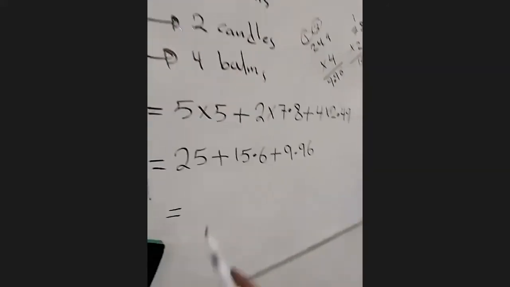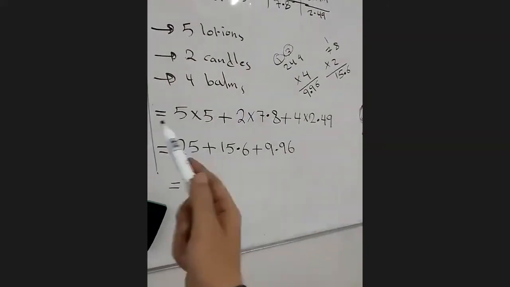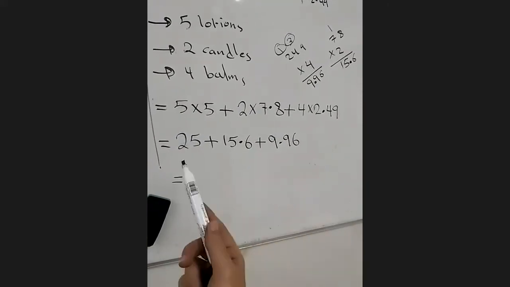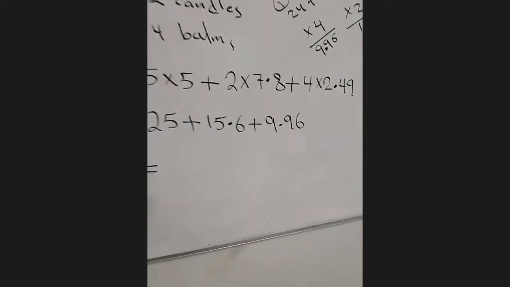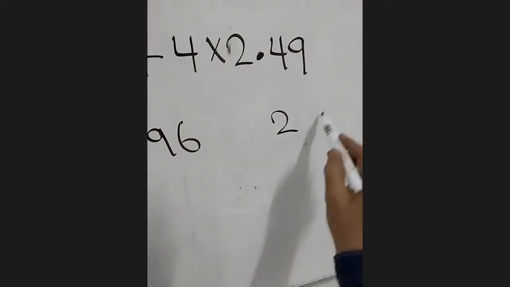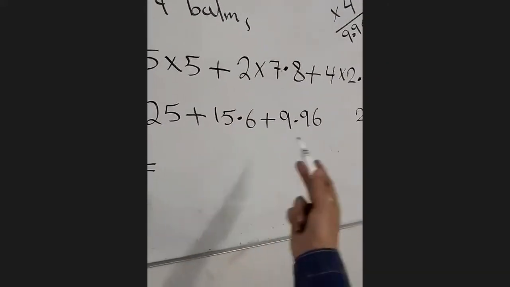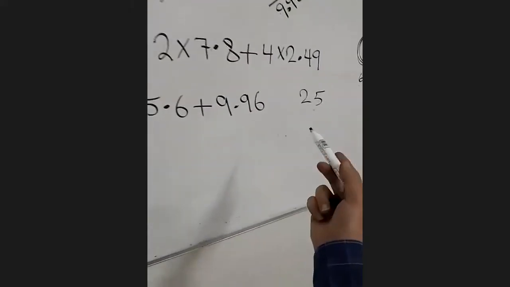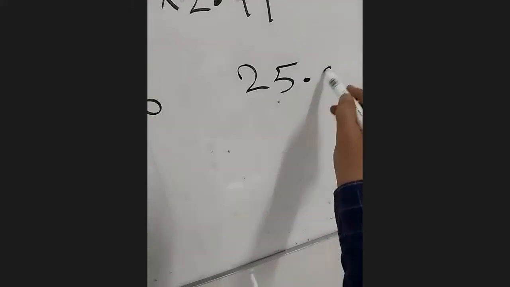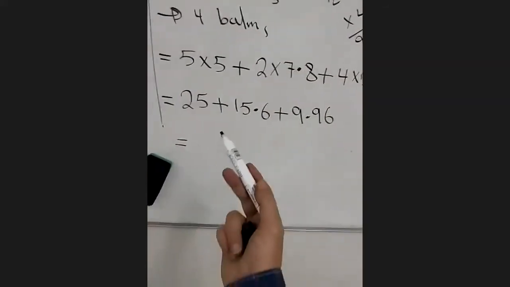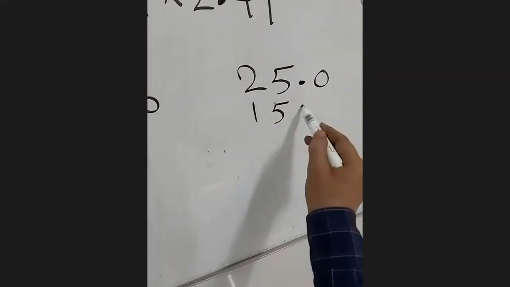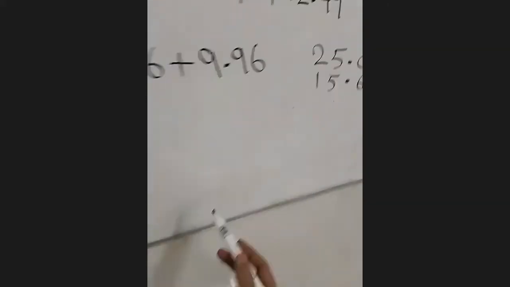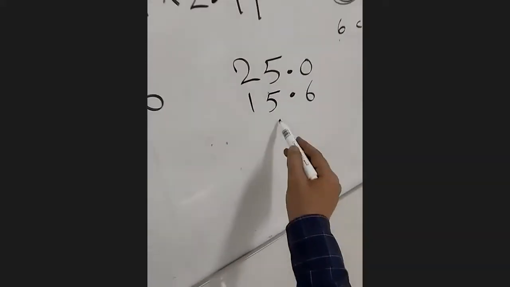Now, after I finish the multiplications, I will do the addition. I'll put all of these numbers over each other. I'll put 25, then the decimals, but the 25 has no decimal, so I add a decimal and 0. Then 15.6, and 9.96.